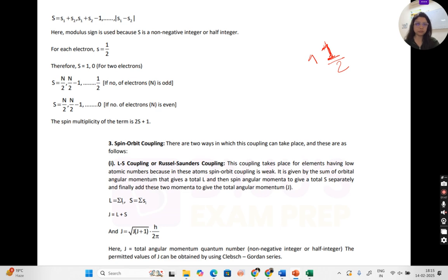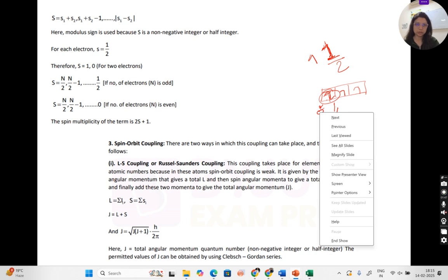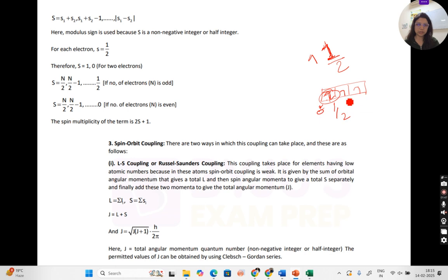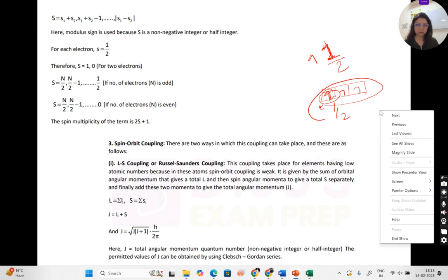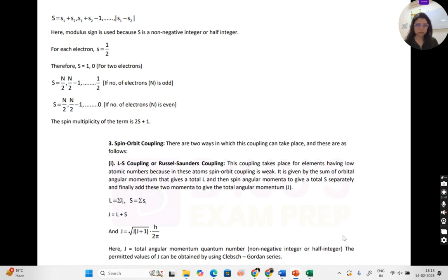If we have an unpaired electron, we will consider it as 1 by 2, and for a filled orbital we will calculate accordingly. So for each electron S is considered as 1 by 2, and therefore S is 1 for 2 unpaired electrons.